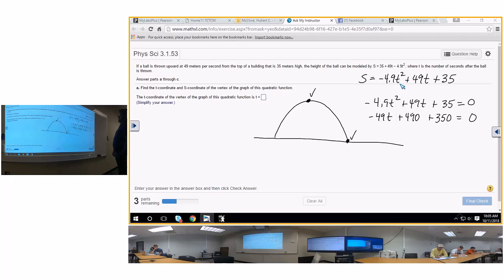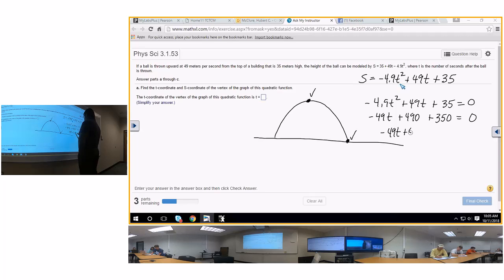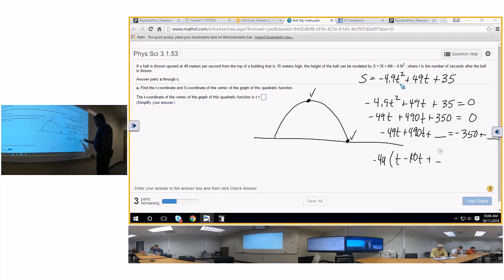So that's going to give me negative 49t squared plus 490t plus blank is equal to negative 350 plus blank. Factor out a negative 49, and that's going to give me t squared minus 10t plus blank is equal to negative 350 plus negative 49 times blank.